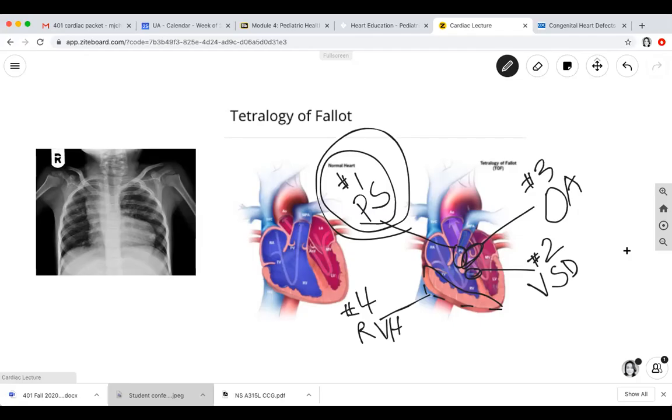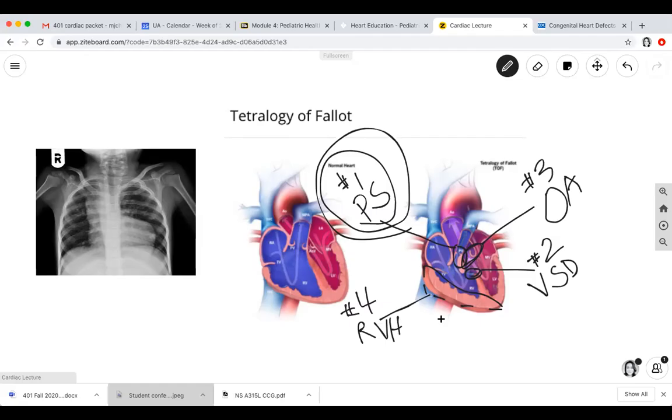Just today, one of my good friends and partners that I work with, one of our nurse practitioners, had to take a very, very sick tetralogy of Fallot baby down to Seattle for surgery because despite all of our efforts, this baby was having significant TET spells where oxygen saturations were in the 20s. The baby wasn't coming out of them. So again, it varies depending on how sick the baby is and how severe these different defects are.